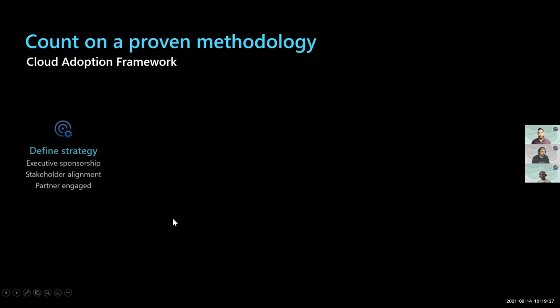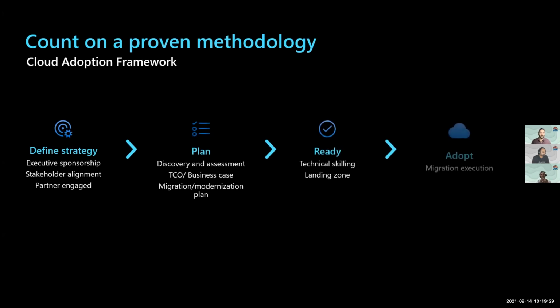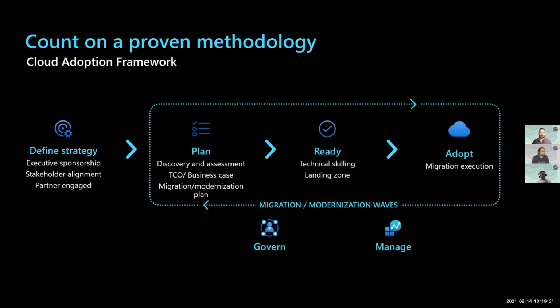The next important thing is really a methodology, right? A methodology that you partner with your cloud platform, be it Microsoft Azure or AWS or GCP. Every cloud platform has a methodology. It's called Cloud Adoption Framework, CAF, right?